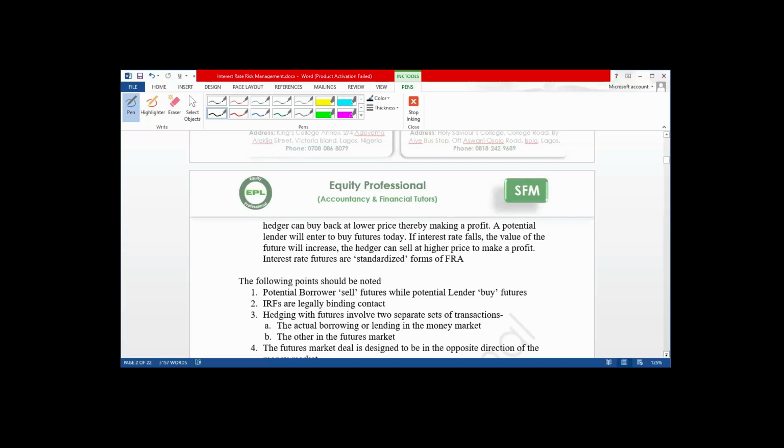If you want to insure your car, you now approach the insurance company. The same thing happens here. If you want to borrow money, you approach the commercial bank to borrow money.